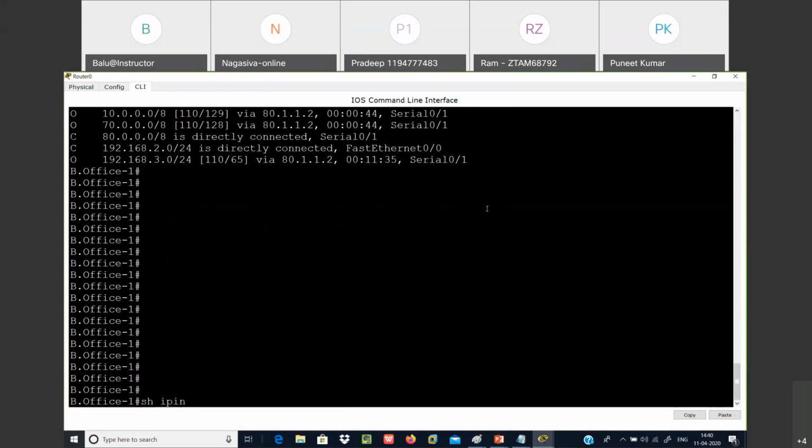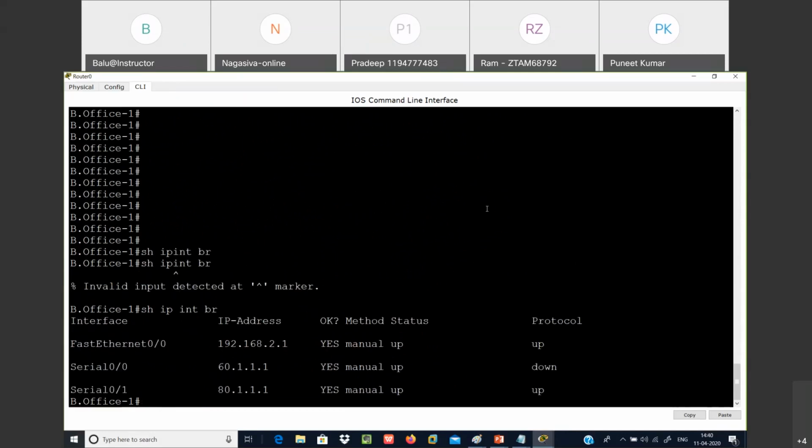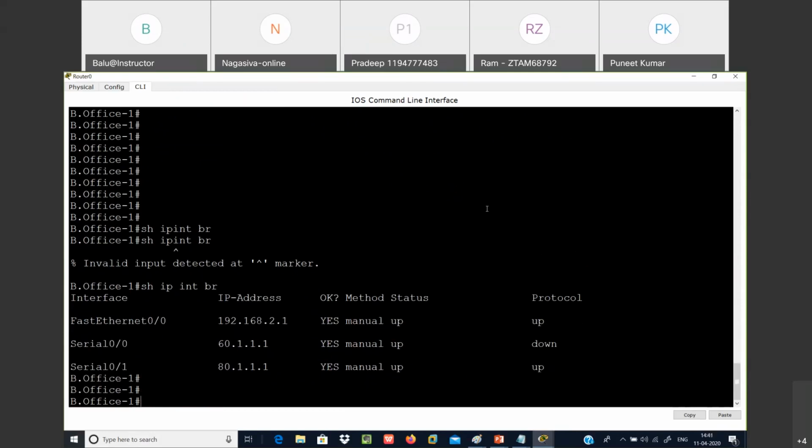The IP interface is up, but the protocol is showing down.